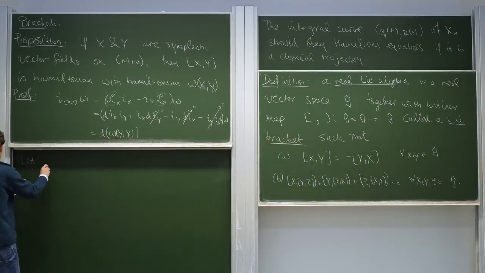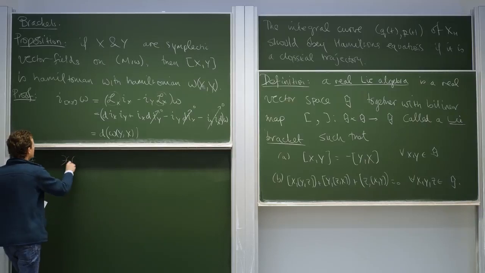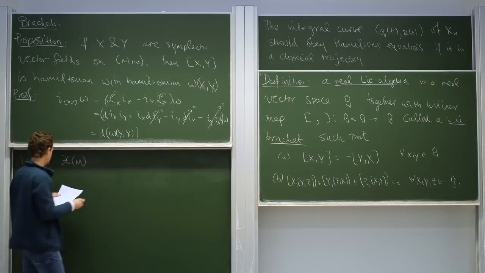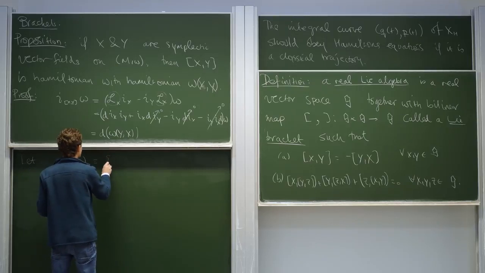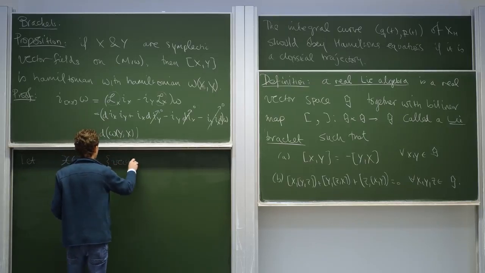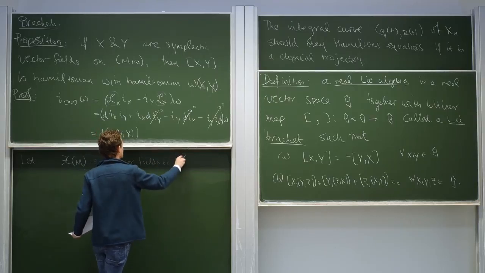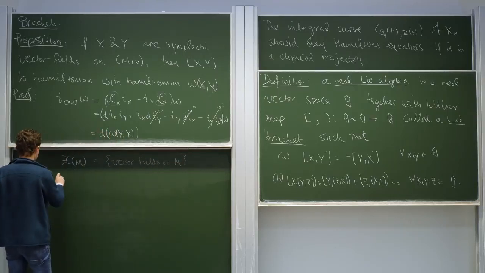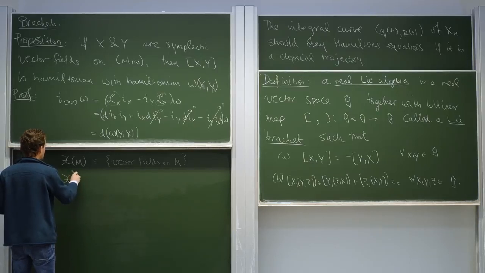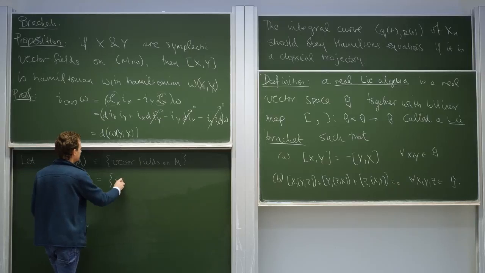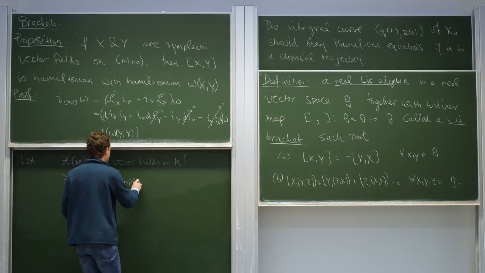So let's just formalize what I just said. We have X of M, the set of all vector fields. That is clearly a subset of all symplectic vector fields.